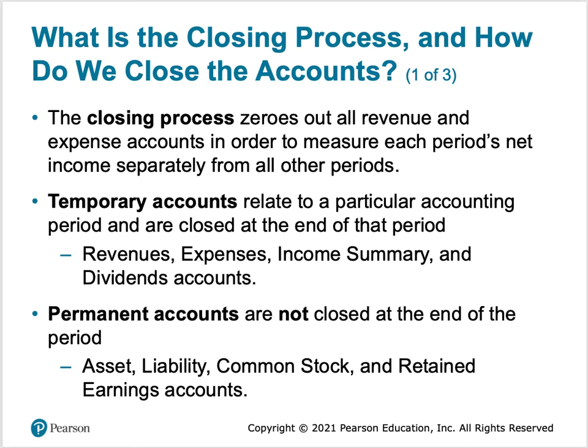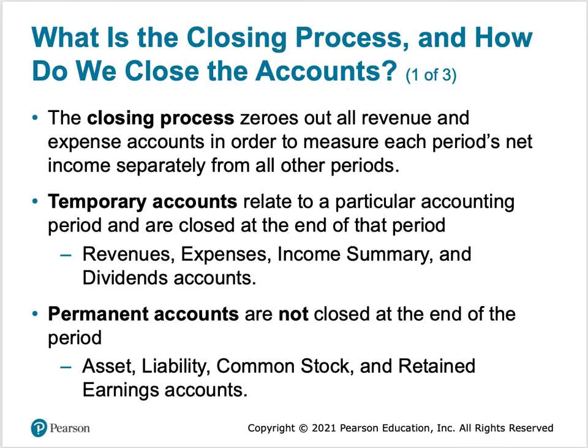And so if we take a step back and ask ourselves, what does that actually mean? It's our way of ensuring that we can calculate income per one period. If we didn't close out revenues and expenses for the period that we were calculating the financial statements for, and it just continued on, think if we were looking at a company that's been in business for 10 years, but the revenue account has just a huge accumulation of all of the transactions from the last 10 years, it would become really hard to say which revenues and which expenses belong to which year.